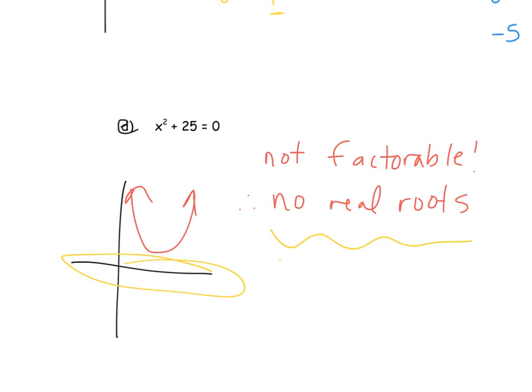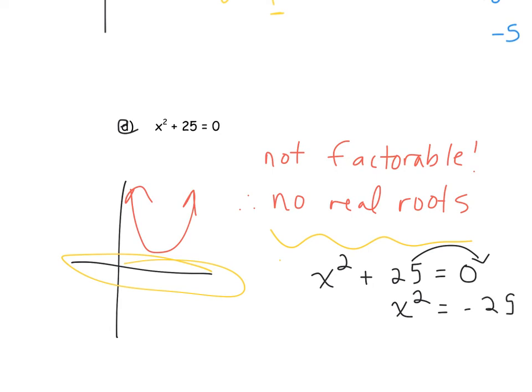I want to approach solving this from a not-factoring point of view, just to show you that in this case there aren't going to be any real roots. I'm going to go back to some grade 9 math before we knew anything about factoring. If I said to solve this without factoring, you might move that 25 to the other side of the equation and make it negative.